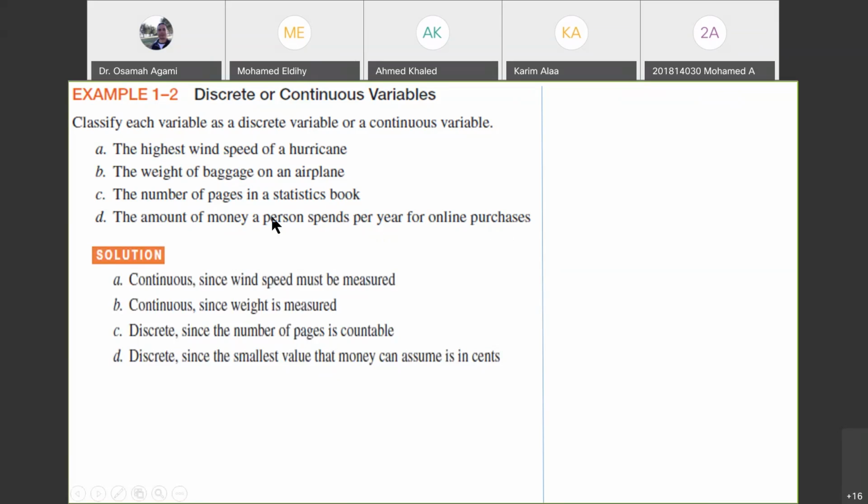So you have to read the question in statistics very carefully. If he put a full stop after the amount of money a person spends, it will be continuous. But if he said the amount of money per year, it will be discrete. Very tricky, the last one. Catch it? Okay.